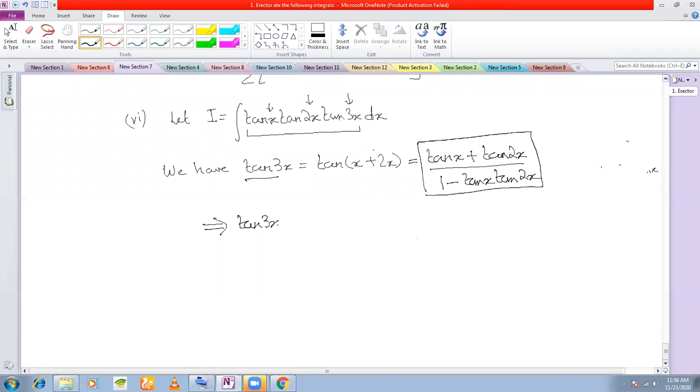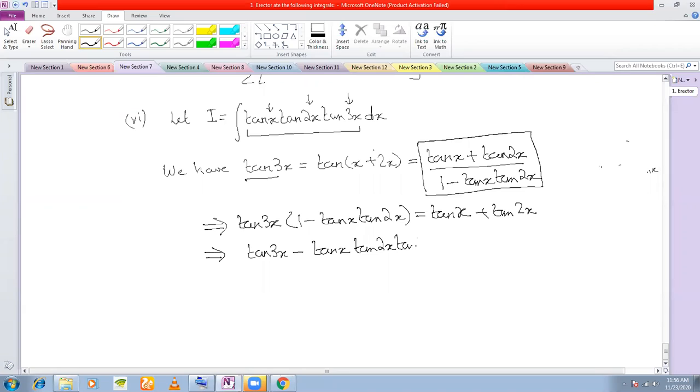Tan 3x into 1 minus tan x, tan 2x is equal to tan x plus tan 2x. That means tan 3x minus tan x, tan 2x, tan 3x will be equal to tan x plus tan 2x.